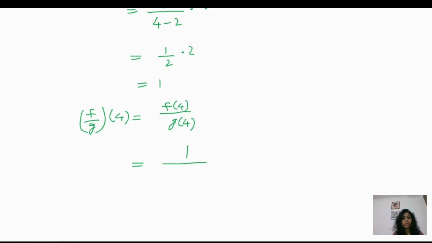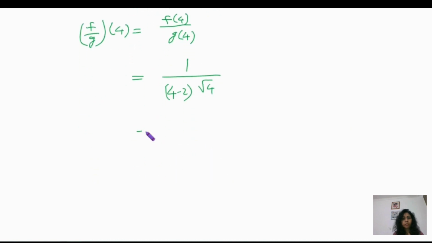So here 1 upon (4 minus 2) square root 4. 4 minus 2 is 2, and square root 4 is 2. So the answer is 1 upon 4.